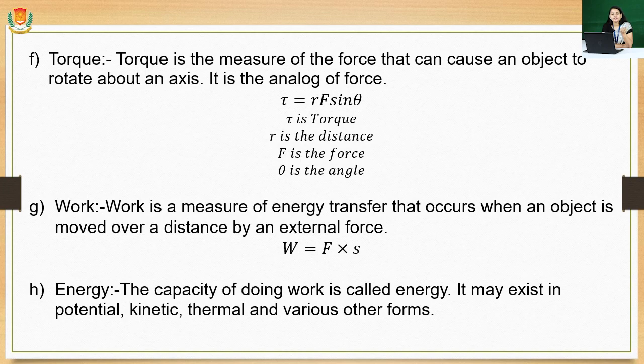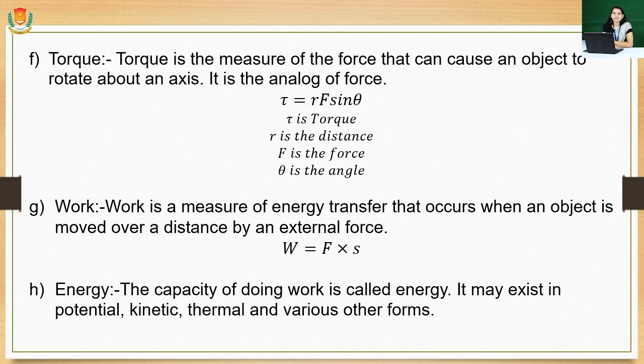Another definition is work. We can define work as a measure of energy transfer that occurs when an object is made to move over a distance by some external force. So W equals F into S, where W stands for work, F stands for force, and S stands for the distance covered.